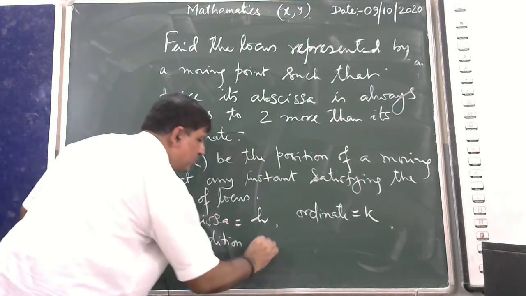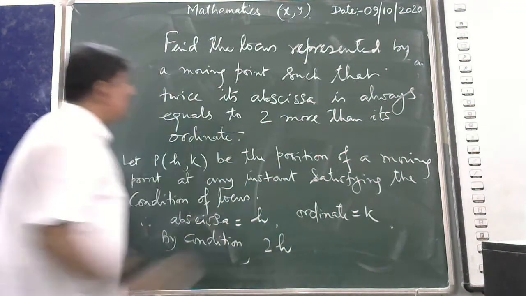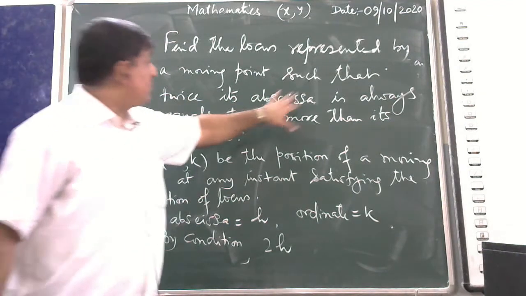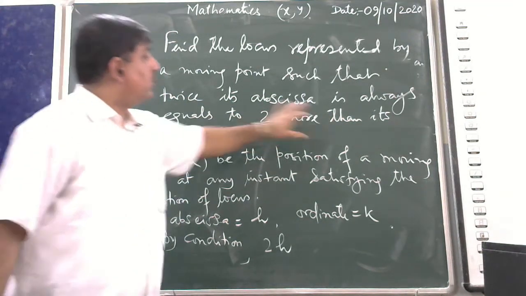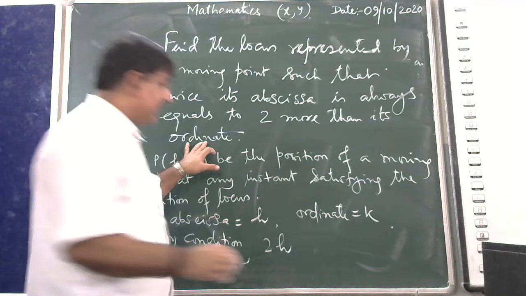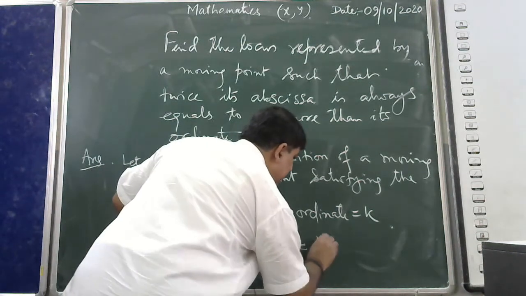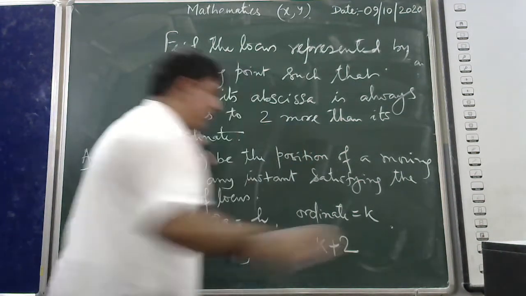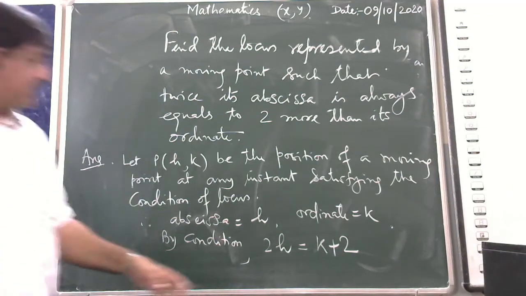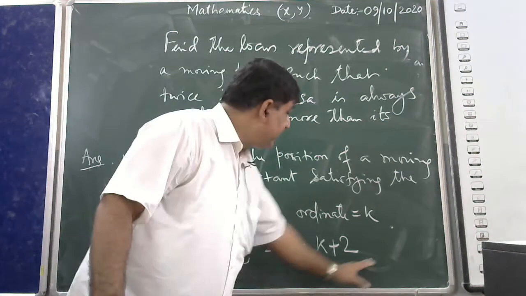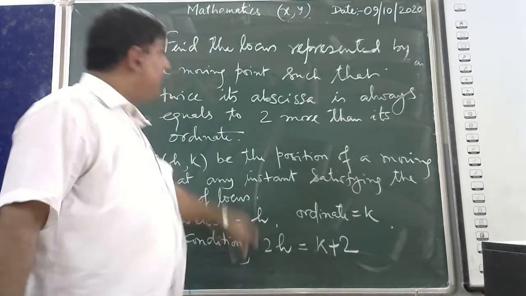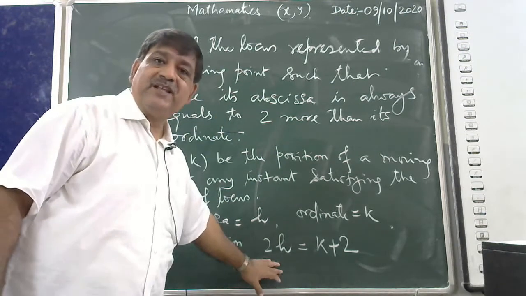Twice the abscissa, 2h, is always equal to 2 more than its ordinate, that is k plus 2. So this is the relation in h and k by applying the given condition.